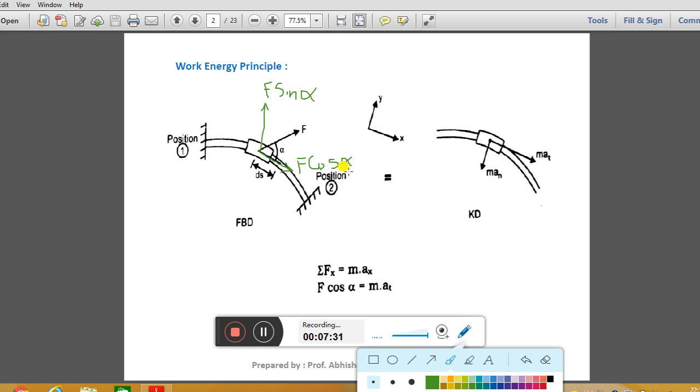The component which is near the angle is the cos component, and the component which is away from the angle is the sine component.